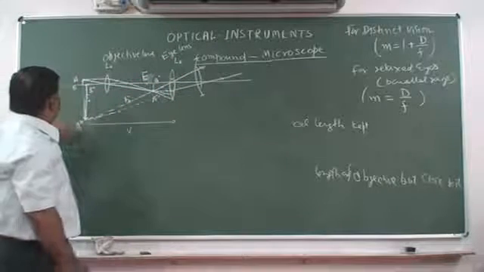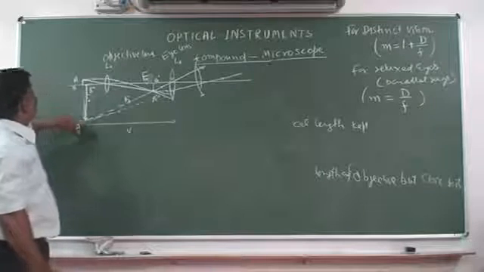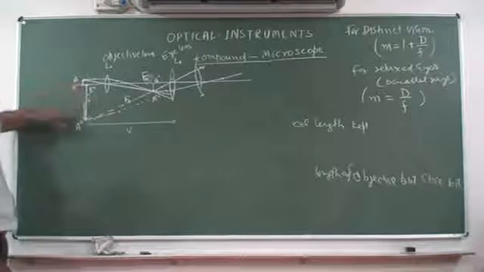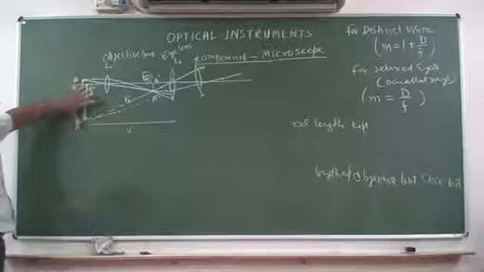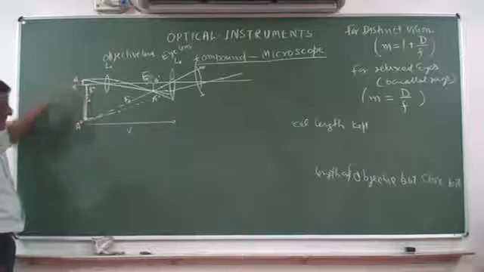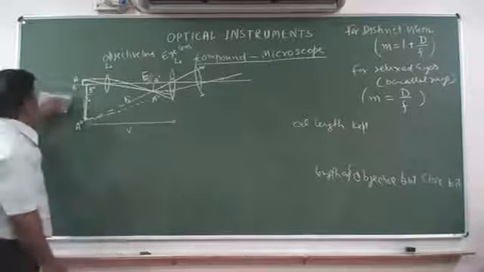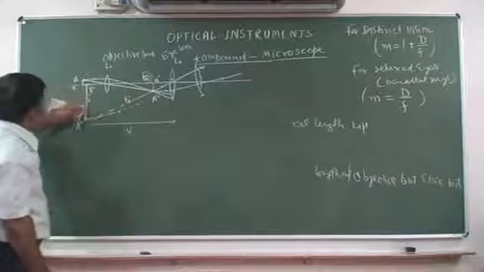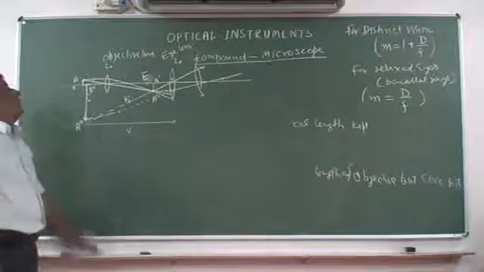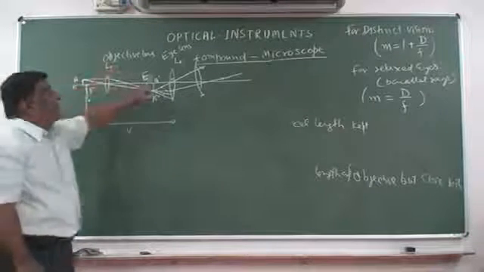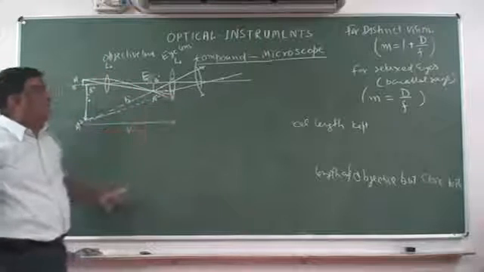So what we are saying is A double dash B double dash. Now you can see this is very much larger compared to AB. So the magnification is done. So this is how a compound microscope acts.